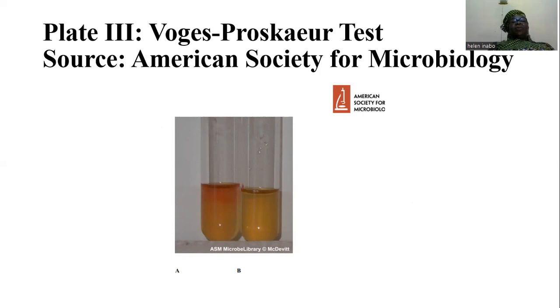Escherichia coli is VP test negative, so it is the tube on the right that is negative. But for an organism like Enterobacter aerogenes, which is VP positive, there is a red coloration of the broth.